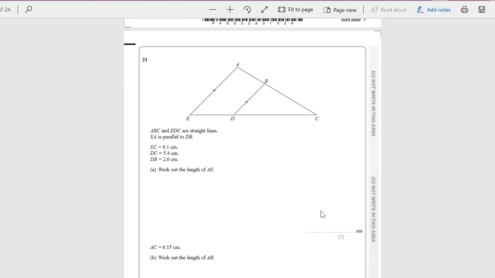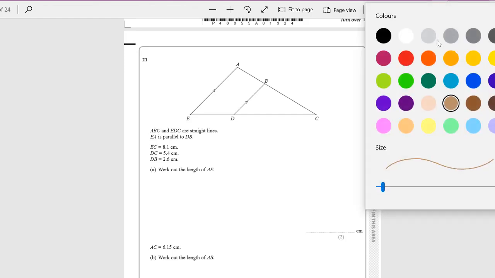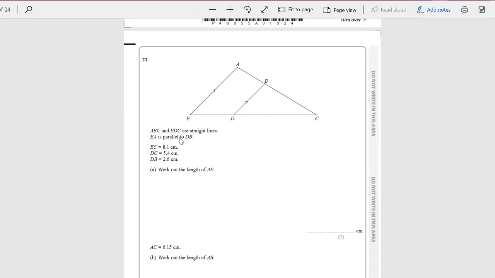So question 21. So again, we have one of these shape questions. A, B, C, and E, D, C are straight lines. EA and DB are parallel, and you can tell because of these arrowheads pointing in the same direction.